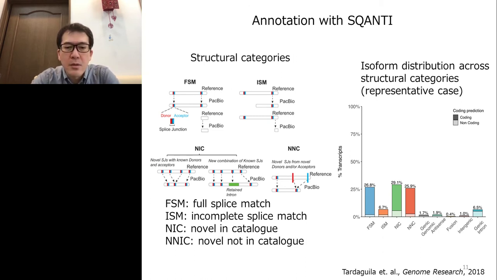Now, IsoSeq3 algorithm implements some quantitative processes, but when we were analyzing these data, there were no suitable tools to quantitate IsoSeq reads.